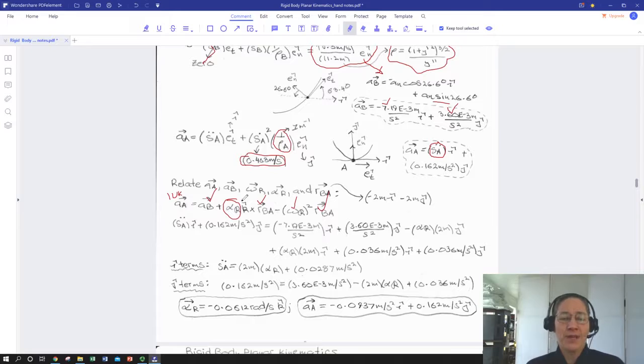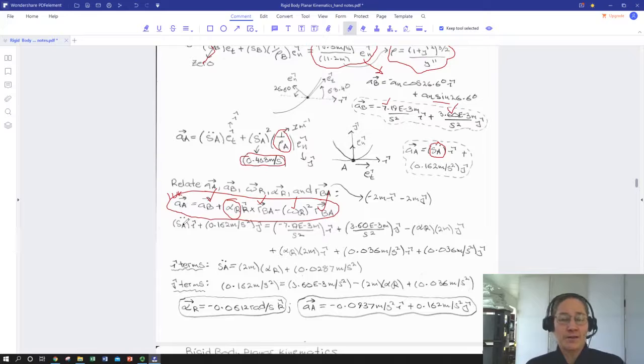Okay, because we're working in 2D, this acceleration expression effectively is two equations in one, because we can separate all the i hat terms and the j hat terms. So we have two equations and two unknowns effectively.